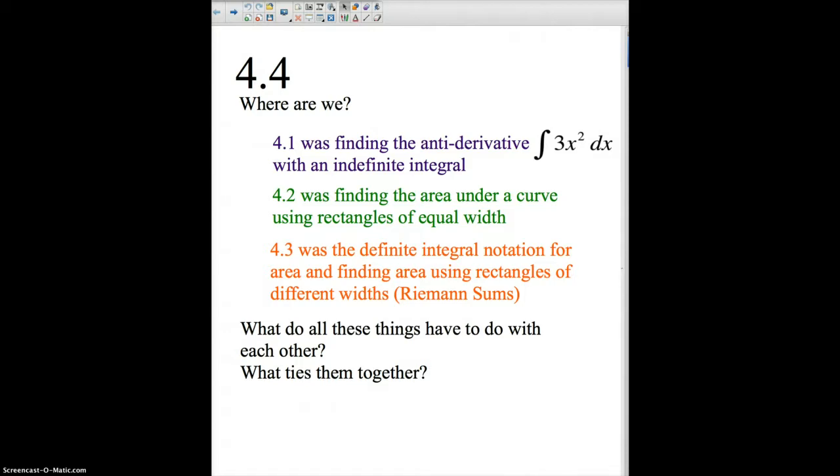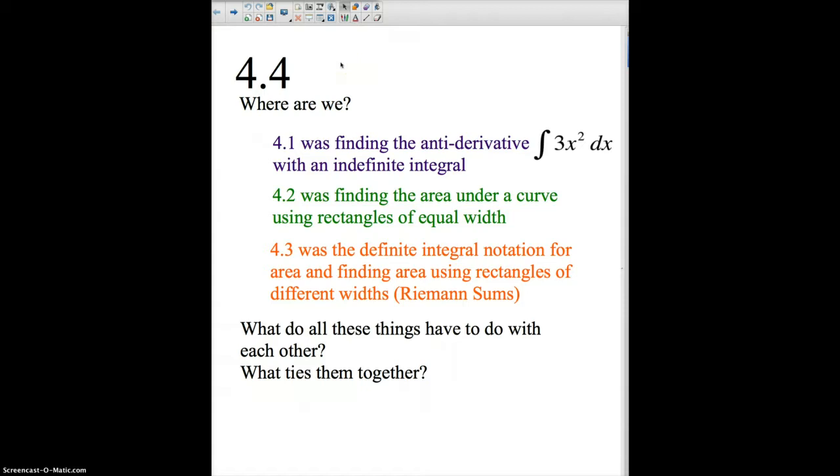But there was a big formula for finding the area under a curve using the limit as n approaches infinity and the summation of rectangles from 1 to n, and then the function with the b minus a over n times i plugged into it, and then that times b minus a over n, which was the width of each rectangle.